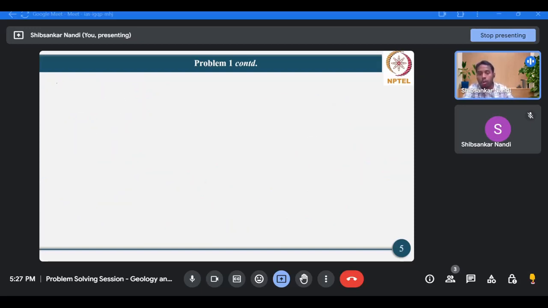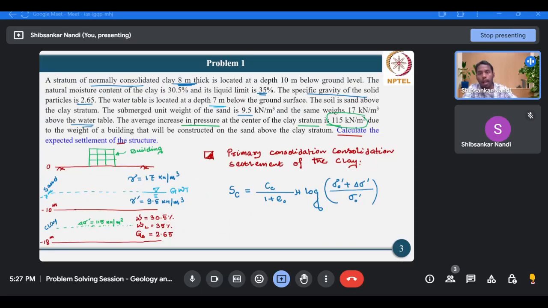First of all, you have to know the unit weights of the individual strata which you have. For example, this is a 2-layered soil. The top layer is sand of thickness 10 meter and the bottom layer is clay of thickness 8 meter.